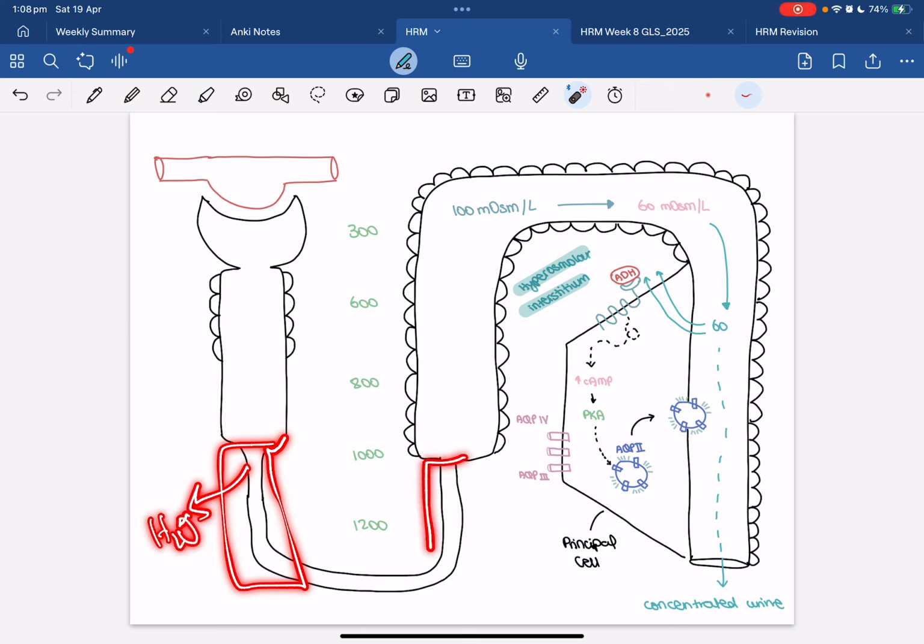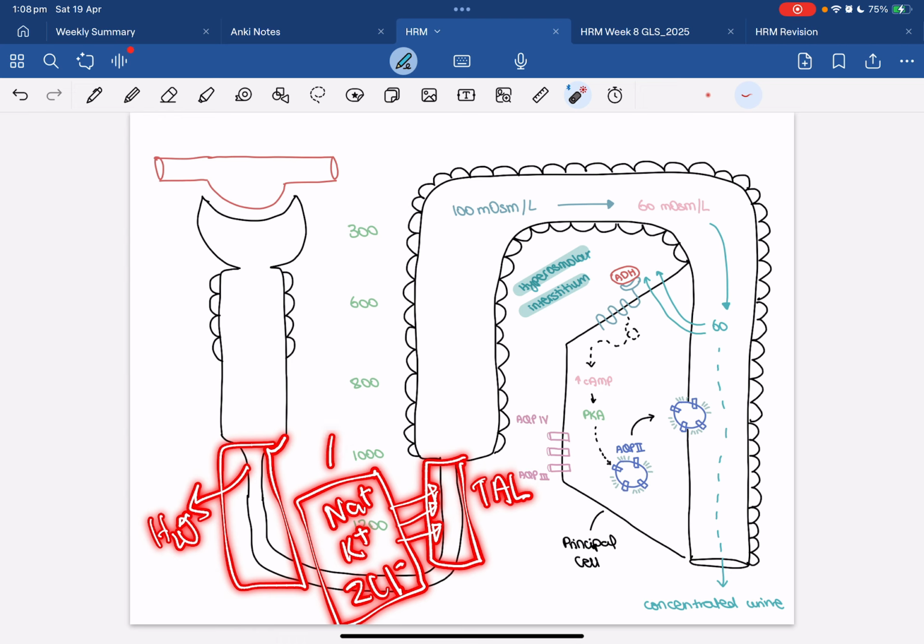And the ascending limb, the thin ascending limb of the loop of Henle, is impermeable to water, but it helps the transportation of a couple of different solutes like sodium, potassium, and 2 chlorine.